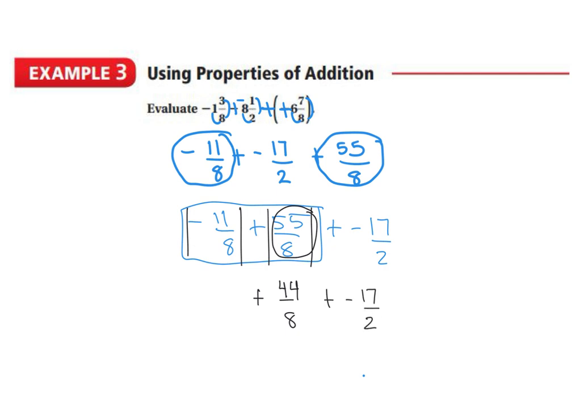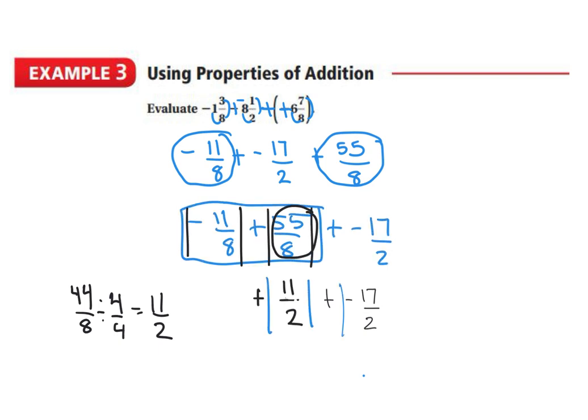And at this point in time, we have a couple options. I would say that simplifying 44/8 is actually going to be easier because we could take 44/8 and divide by 4/4 and get 11/2. And then if we come in here and rewrite that as an equivalent fraction, 11/2, now we have our common denominators and we're right back to where we need to be.